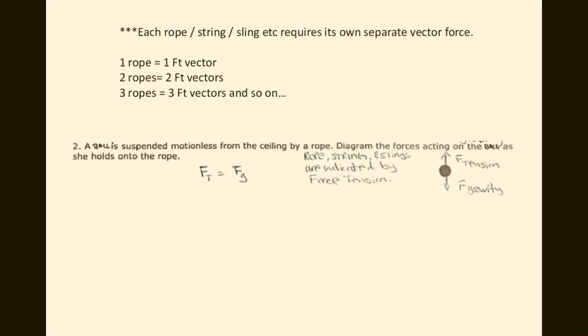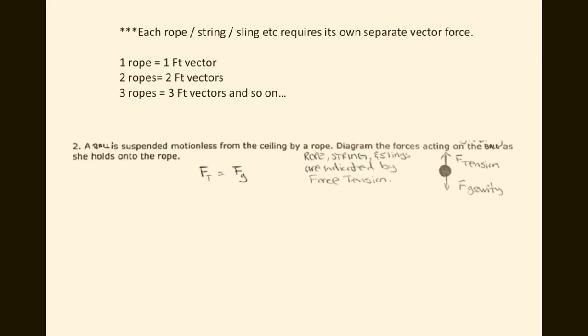So force tension is going upwards, and force gravity is pulling it down. The arrows are equal to each other, so neither one is bigger than the other. If we had Fg drawn as coming further down, that would have meant that Fg is winning and that the disco ball was actually falling somehow. But that's not the case. So it's suspended in the air. F tension is holding it up with the one single rope.